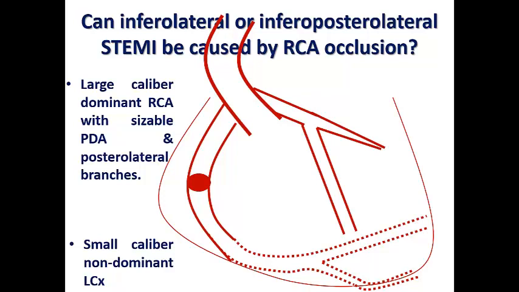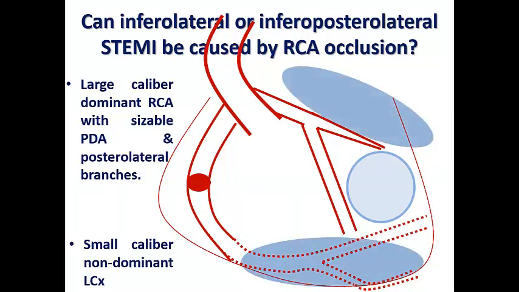So in this example, the patient can develop posterior wall infarction together with inferior wall infarction and lateral wall infarction caused by RCA occlusion, not dominant LCX occlusion. So RCA occlusion may be a possibility, although not very common, to cause infraposterolateral or infralateral STEMI.